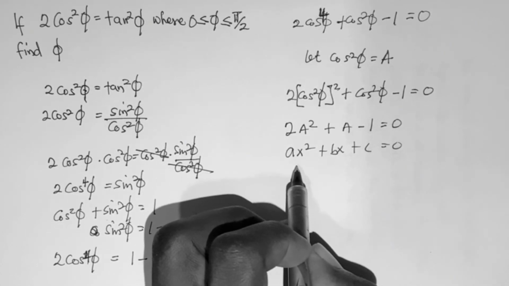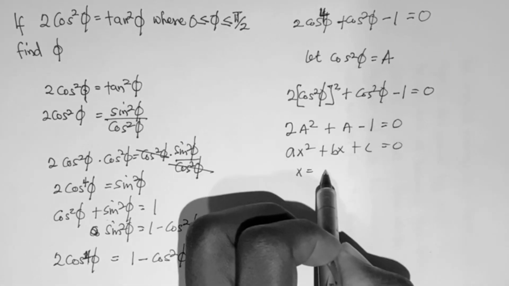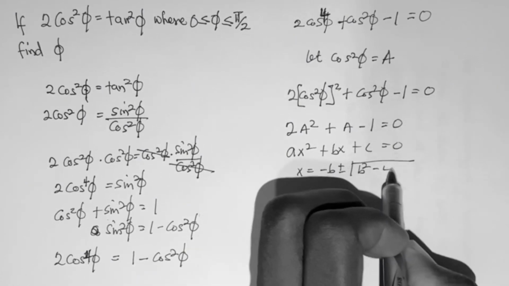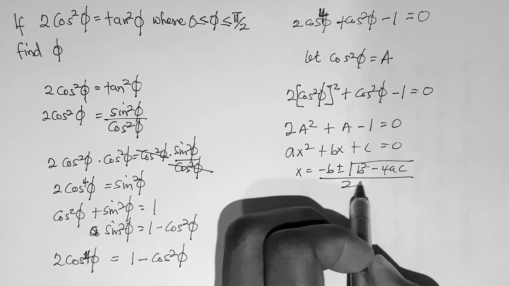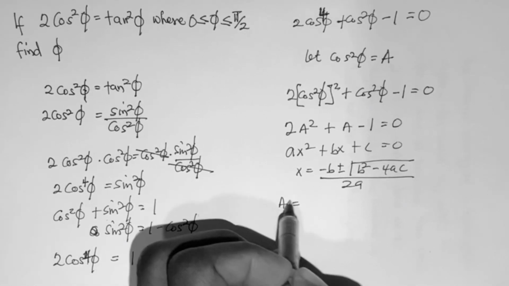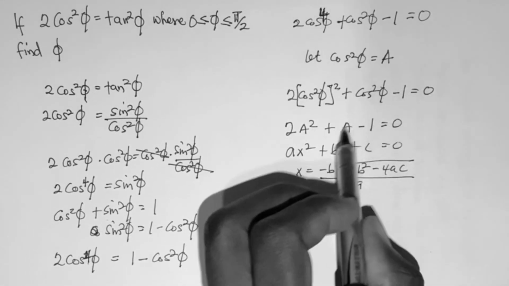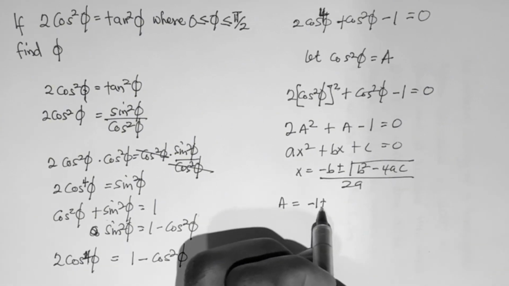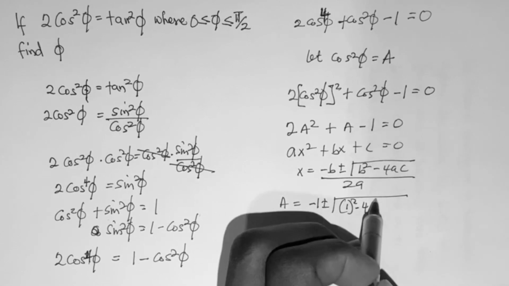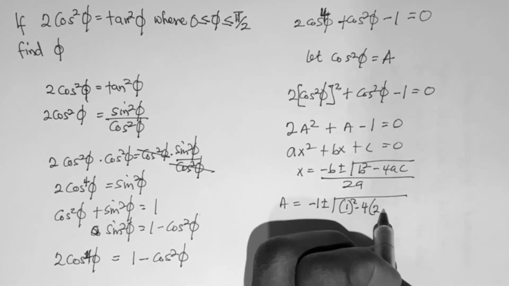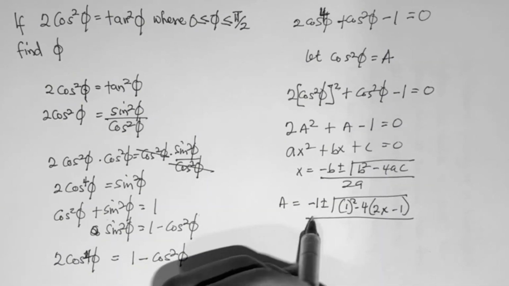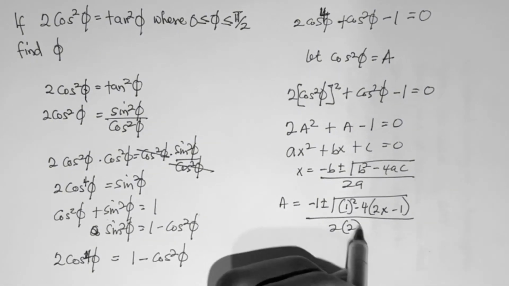Now, remember the quadratic formula: x is equal to minus b plus or minus the square root of b squared minus 4ac, all over 2a. So in this case, a is equal to minus b, the coefficient of a is minus 1, plus or minus the square root of b squared, which is 1 squared, minus 4 times 2 times minus 1, all divided by 2 times 2.